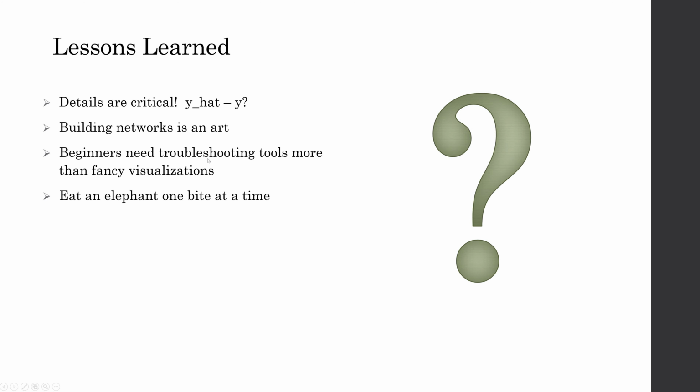So I chose to go with better troubleshooting tools. And when you're taking on a big project, you want to eat the elephant one bite at a time. Break everything down into components, test the components individually, and things are a lot easier.